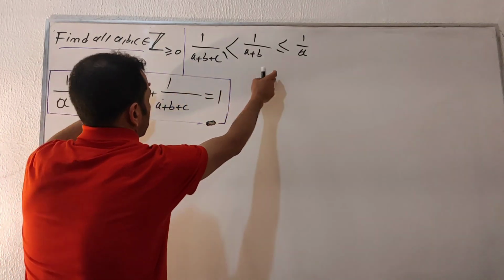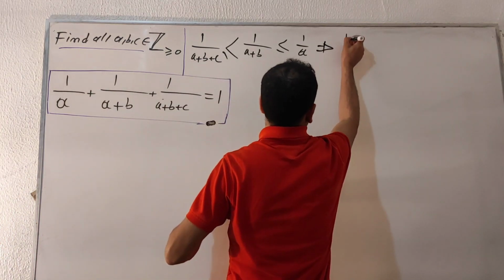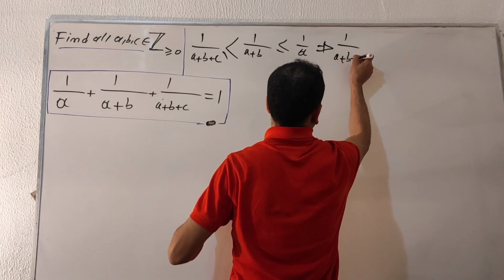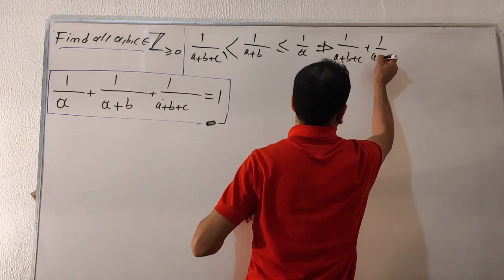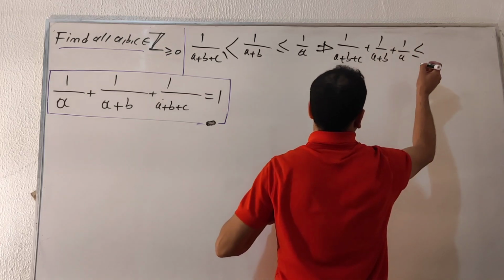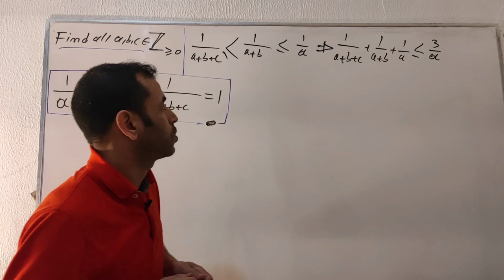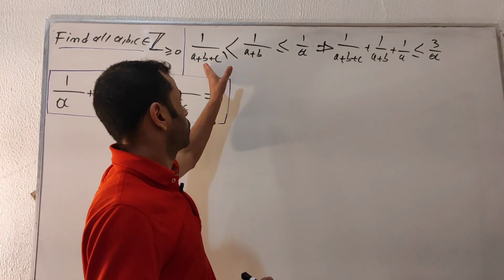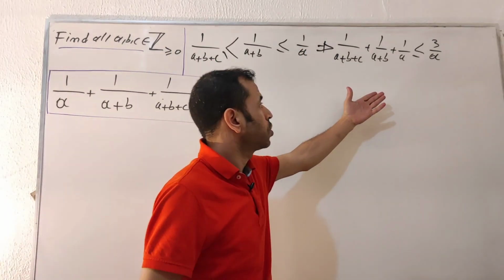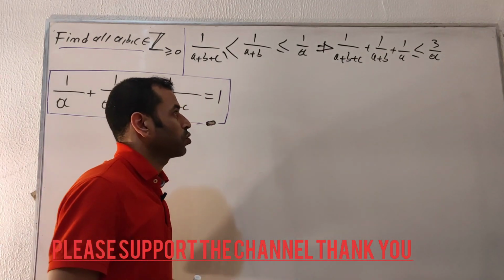By summing these three terms, 1/(a+b+c) + 1/(a+b) + 1/a is always less than or equal to 3/a, because the maximum value of each one is 1/a.